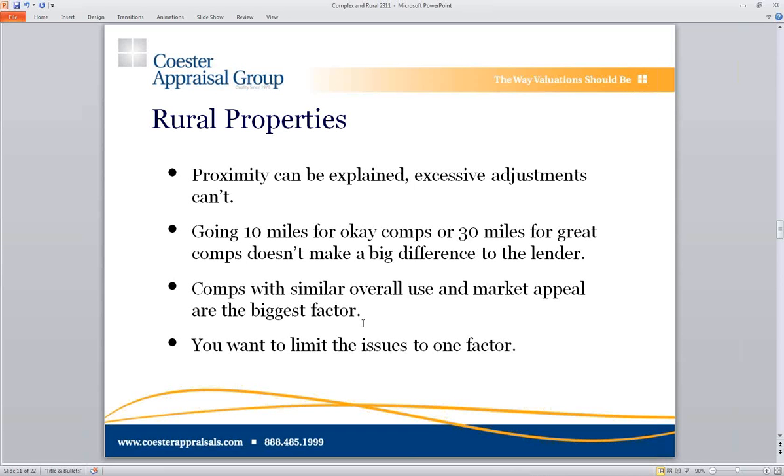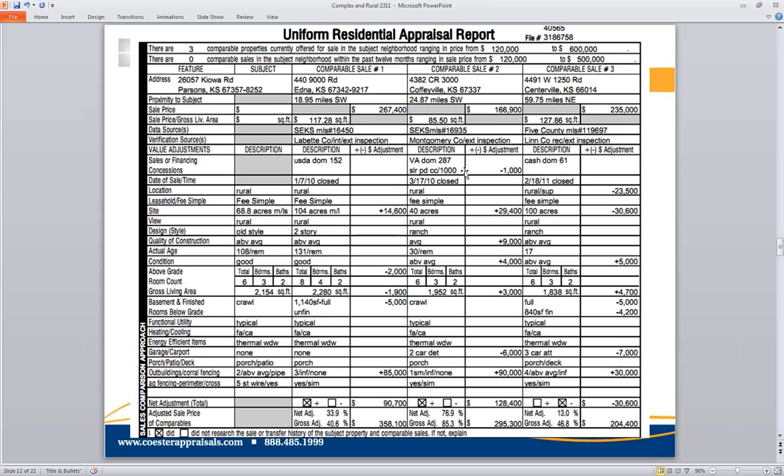So, I think I have an example right after this. Yeah, so here's an example. Look at this appraisal. This is a property in Kansas, and you've got comps at 18, 25, 60 miles. You've got comps over a year old. This was just done fairly recently.